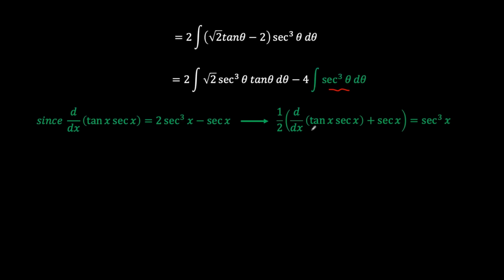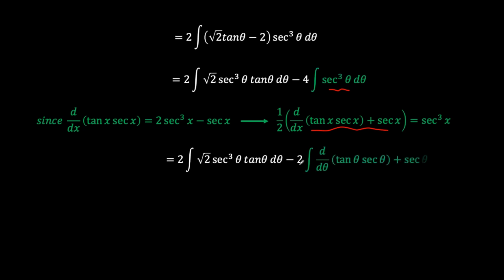So we can now plug this part here. And so we have our integral as 2 times the integral of square root of 2 sec cubed theta tan theta minus 2 the integral of the derivative of tan theta sec theta close bracket plus sec theta.